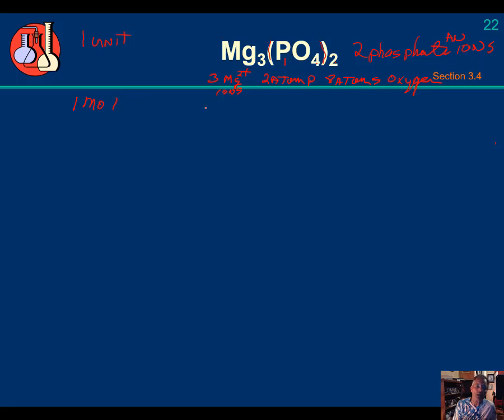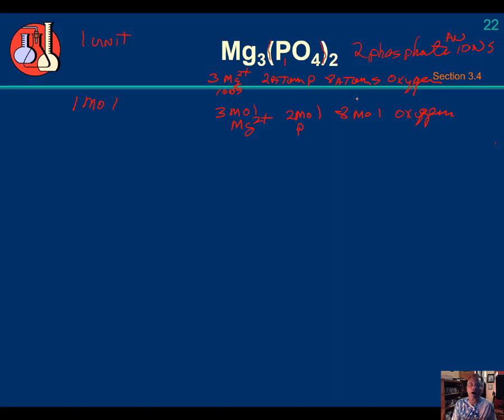So if I have 1 mole of magnesium phosphate, I have 3 moles of magnesium 2 plus ion. If I have 1 mole of magnesium phosphate, I have 2 moles of phosphorus. And if I have 1 mole of magnesium phosphate, I have 8 moles of oxygen.